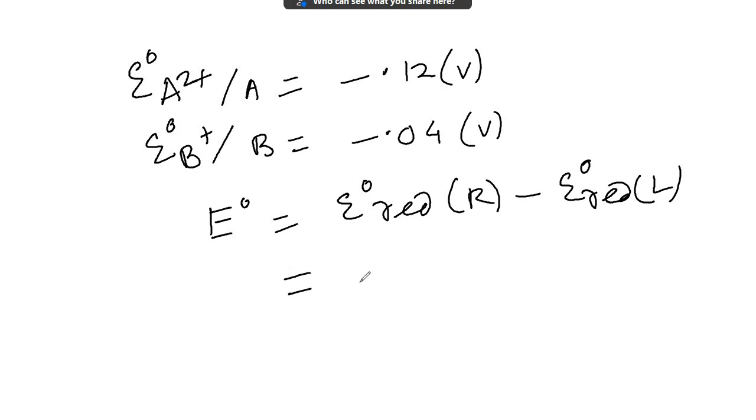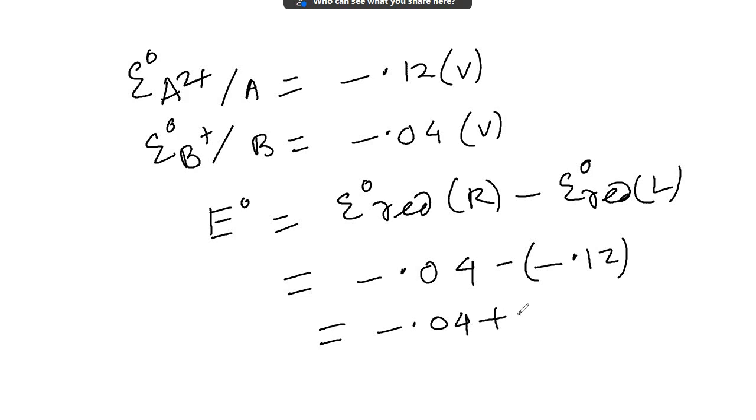In this case, what will it be? Minus 0.04. Due to higher reduction potential, it will act as cathode, and due to lower reduction potential, it will act as anode. The result is 0.08 volt. As the standard EMF is positive, the reaction will be spontaneous.